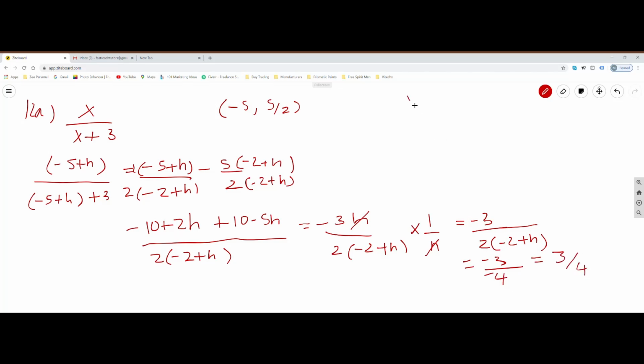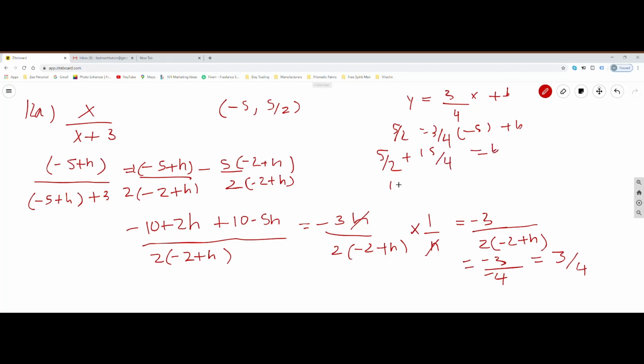Okay, so y equals 3 over 4 x plus b. So 5 over 2 equals 3 over 4 times negative 5, plus b. So 5 over 2 plus 15 over 4 equals b.